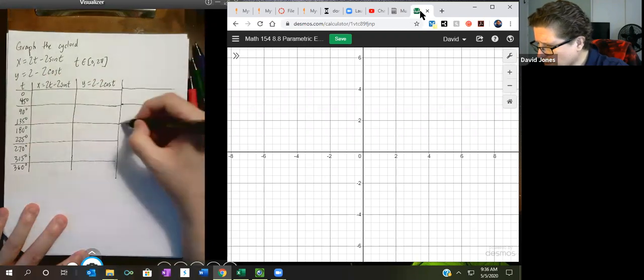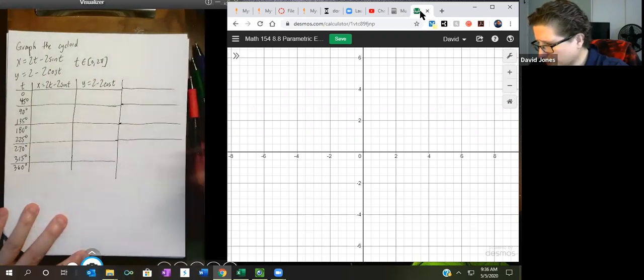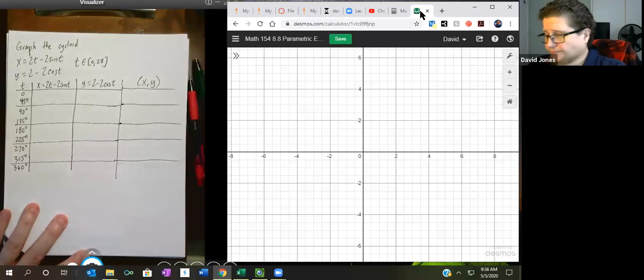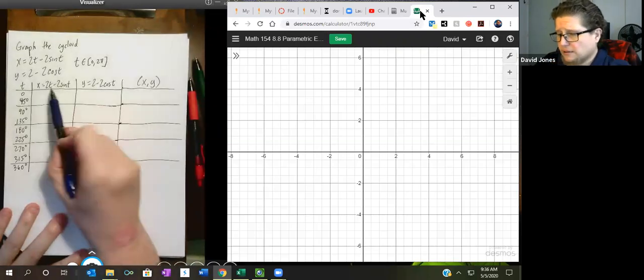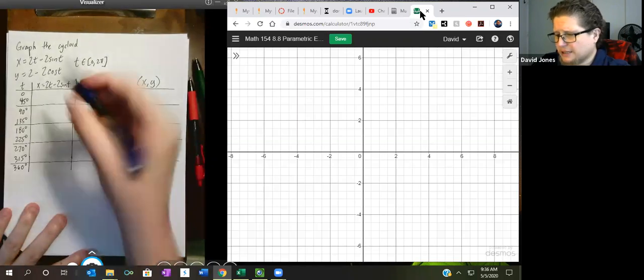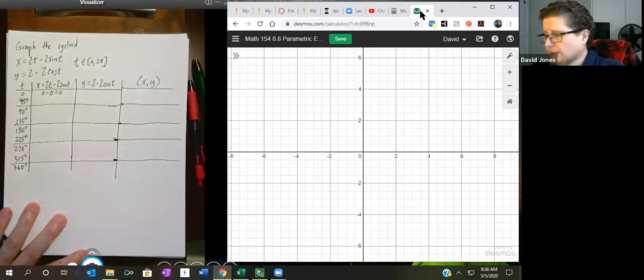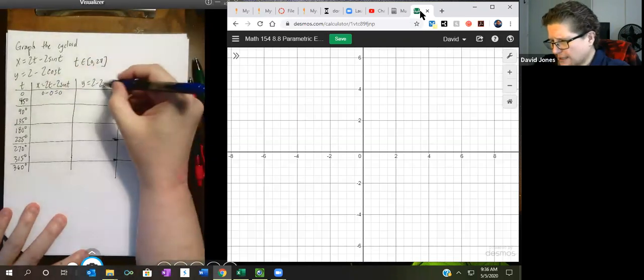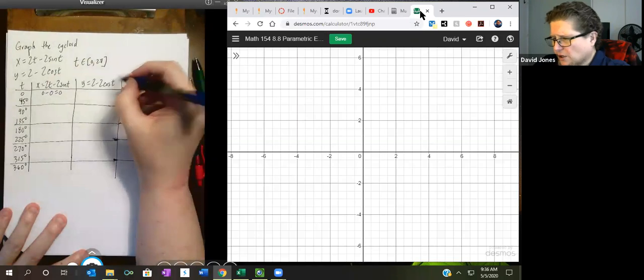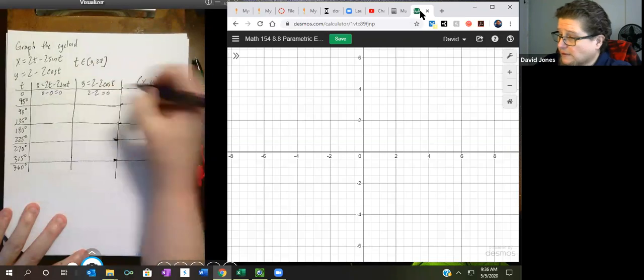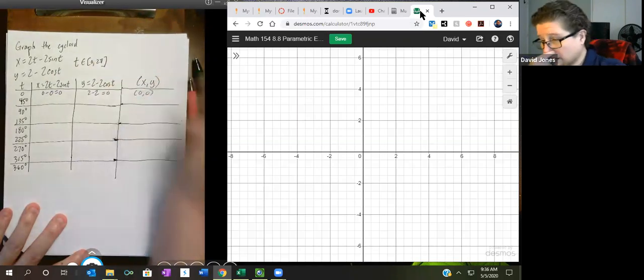And then we'll have a spot for our X and Y coordinates. So when t equals 0, this is 0 minus 0 is 0. And 2 minus 2 cosine of 0, 2 minus 2 is basically 0. So we start off at the origin.